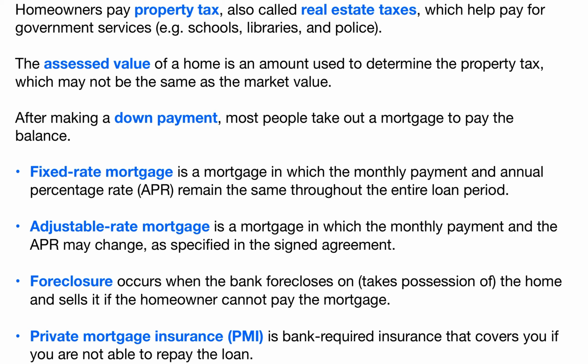So, for example, you could have a 5-year ARM, where an ARM is an adjustable rate mortgage. It is a loan that stays fixed for 5 years, and then it could fluctuate after that period.